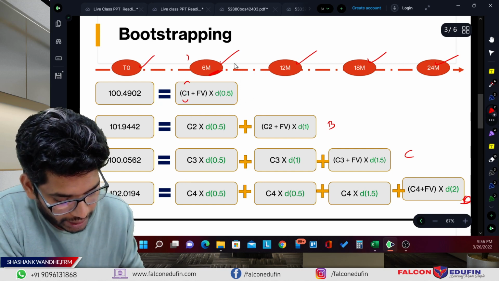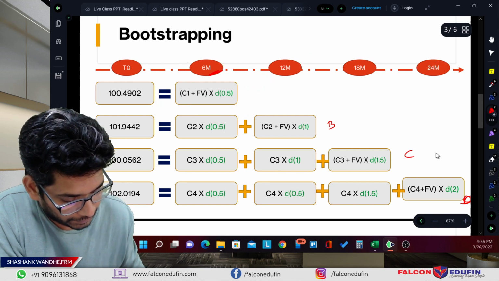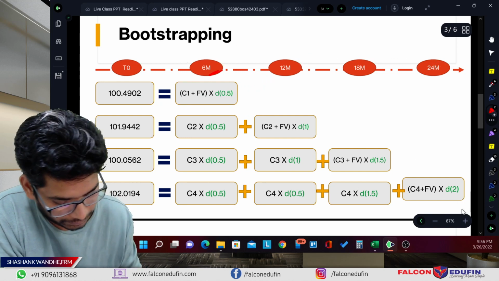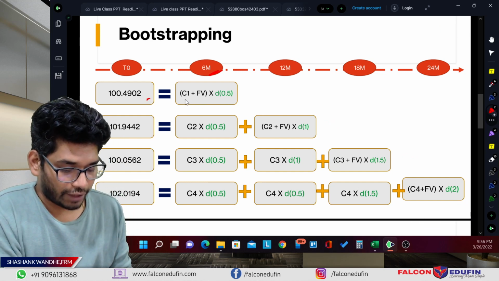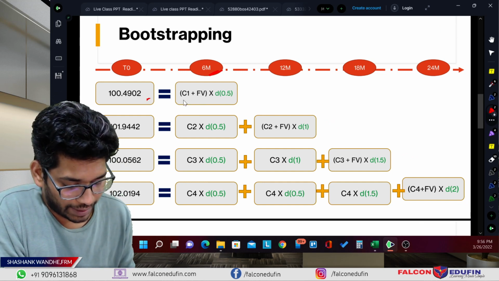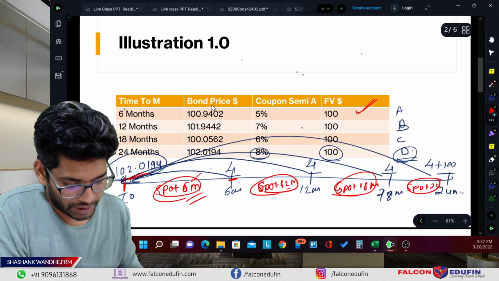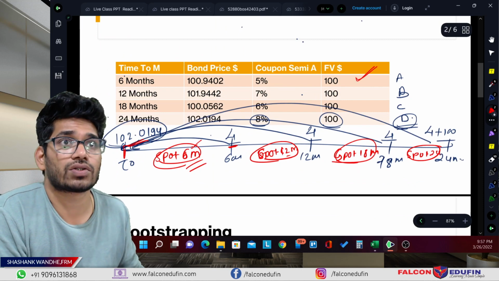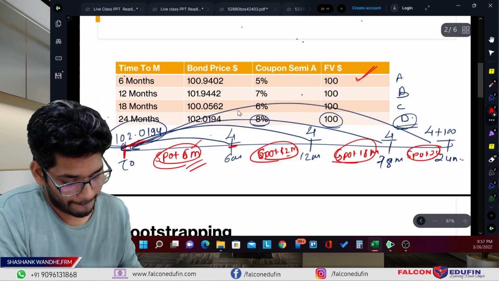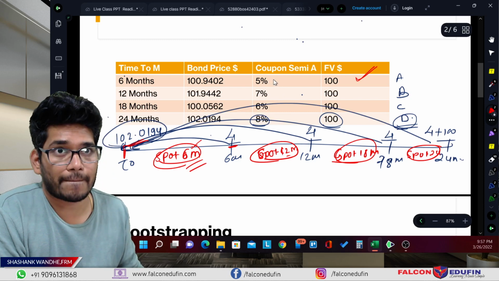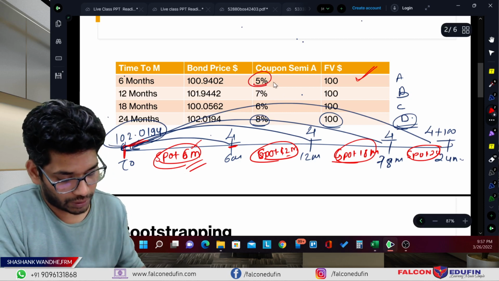So in the first step, we will calculate the discount factor using this information. Let me check. It's 5%, not 4%: a 5% coupon rate.